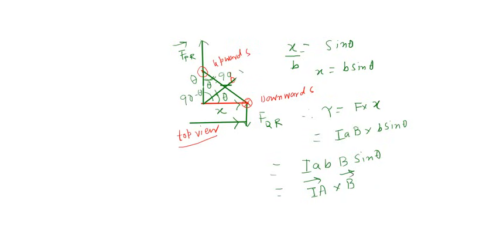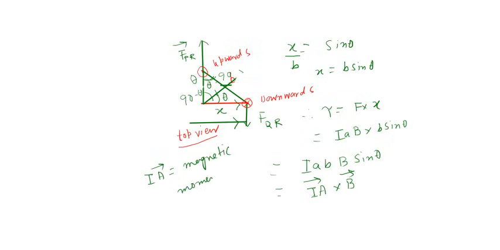So actually this will give us the torque acting on it, and this term IA is actually called the magnetic moment of the loop, because in a cross product we have sine theta.